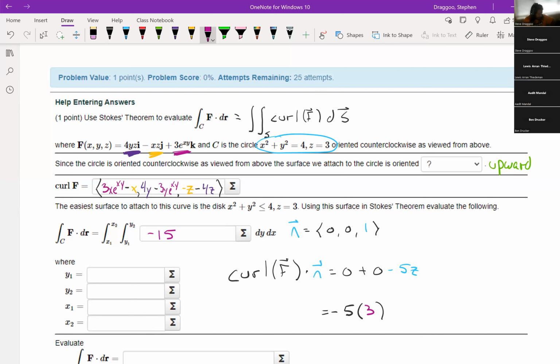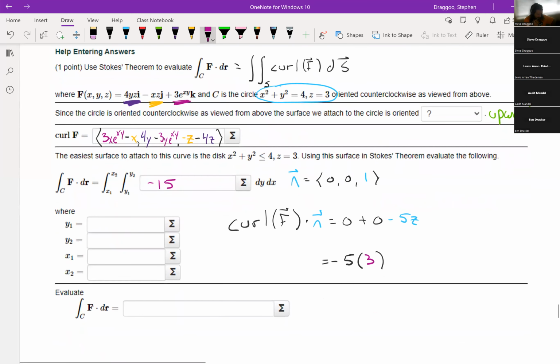Cool. And then it asks us to pick our x and y bounds here. But once again, the region we're integrating over is a circle, and we're really just integrating negative 15 times our dA token. So we might as well make use of that. The negative 15 times the area of our region, times the area of that circle.